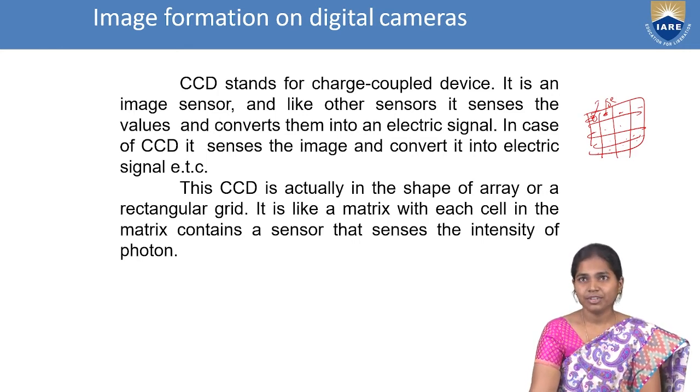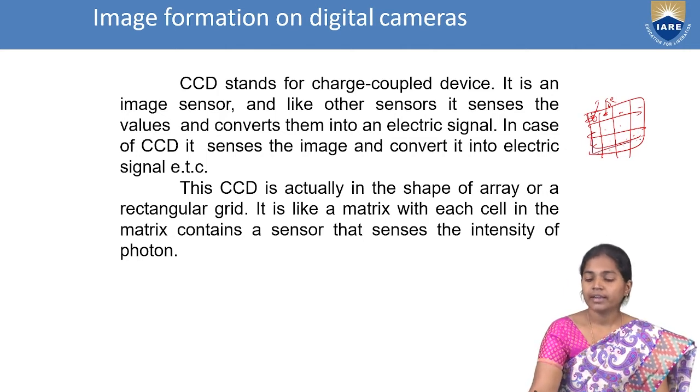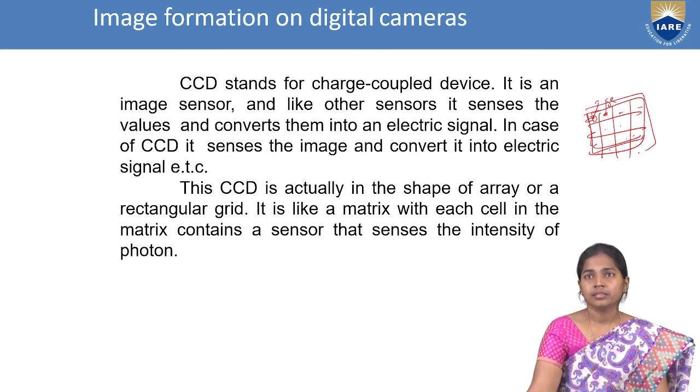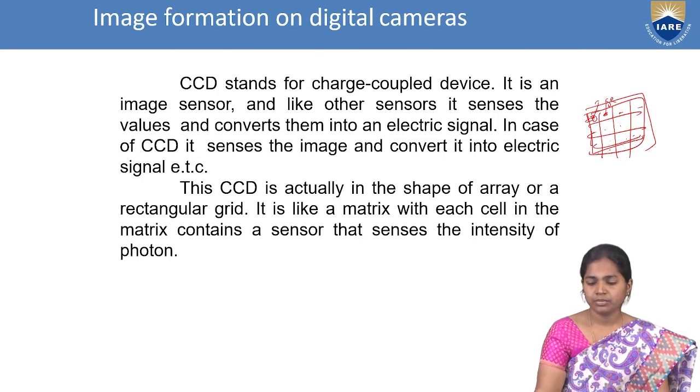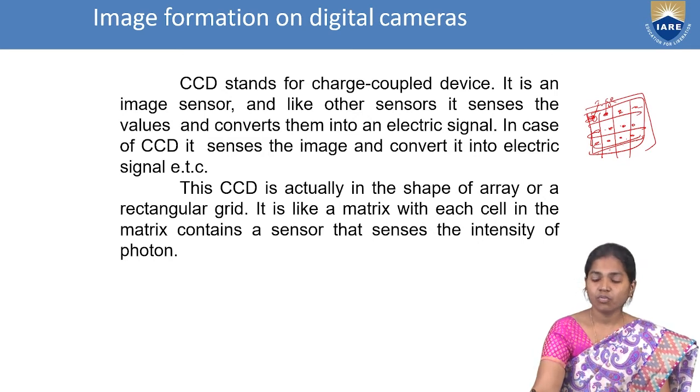This charge coupled device is actually in the shape of an array or rectangular grid. It is like a matrix, with each cell in the matrix containing one sensor. It contains a sensor that senses the intensity of photons.